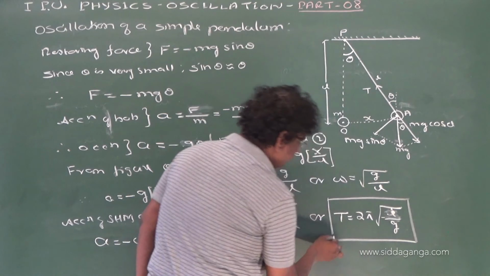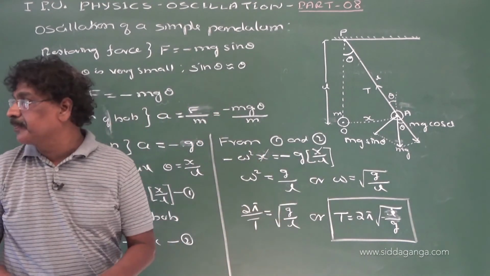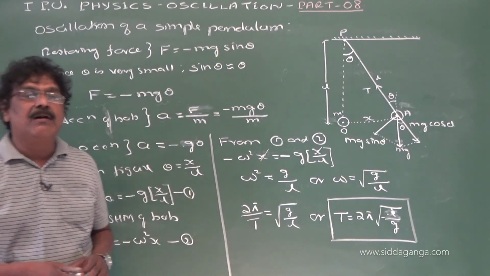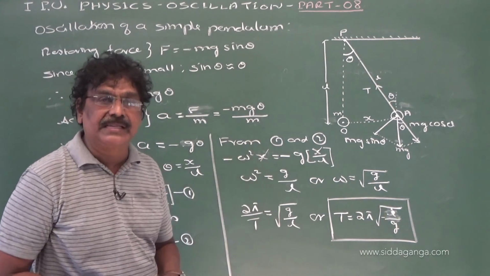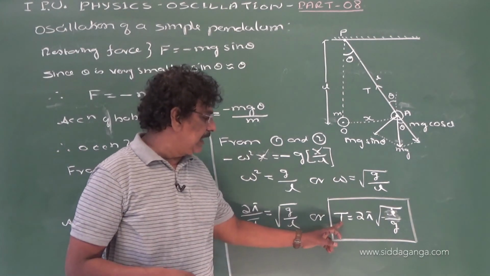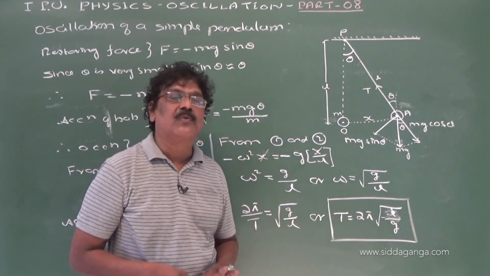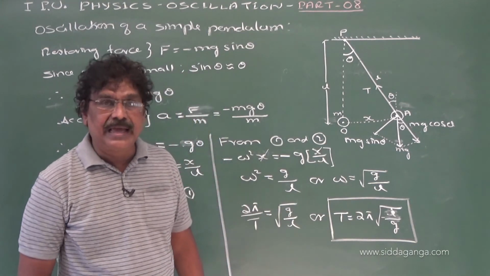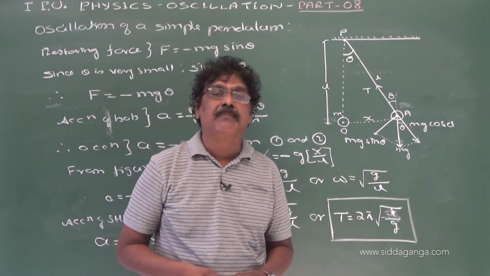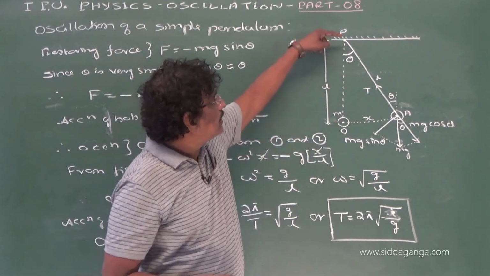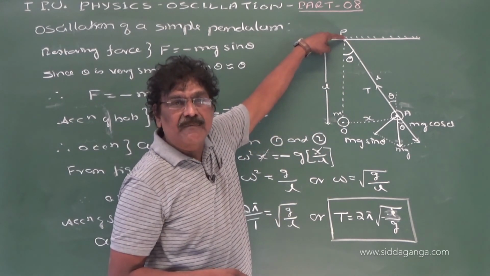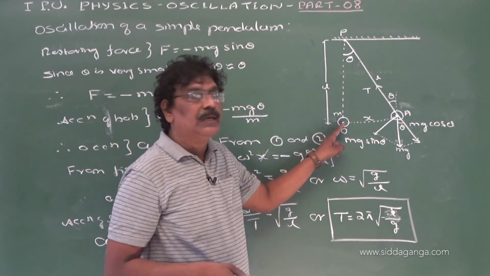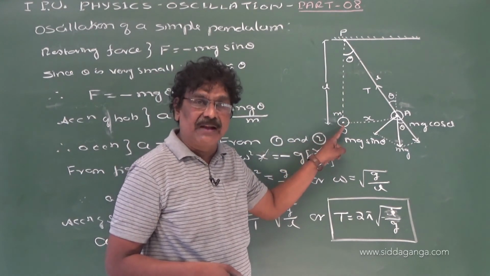This is the expression of the time period T, where L is the length of a simple pendulum, that is, the distance between the point of suspension to the center of gravity.